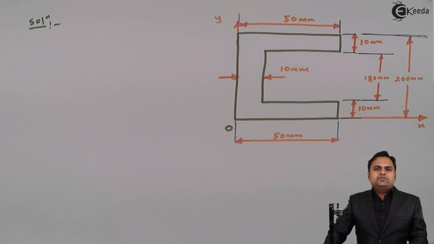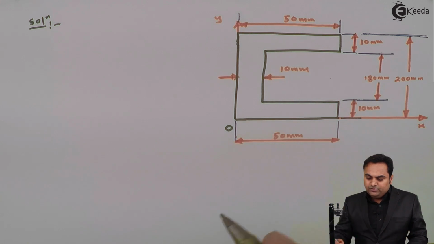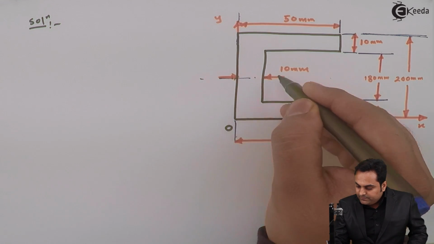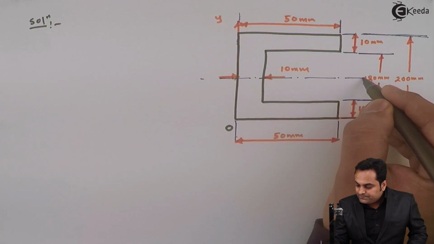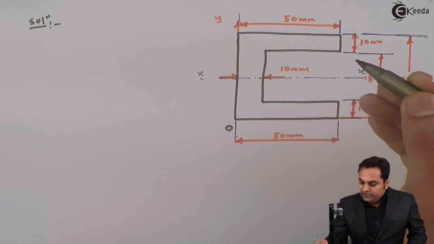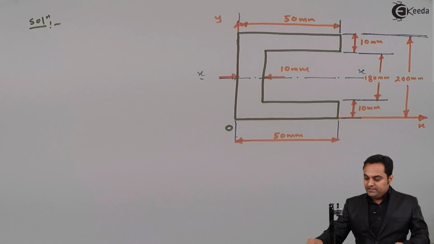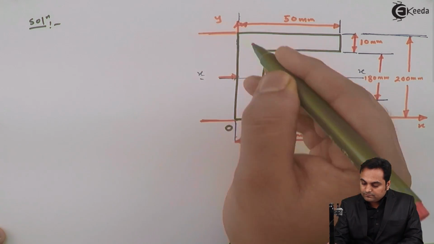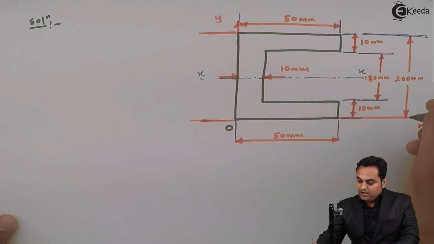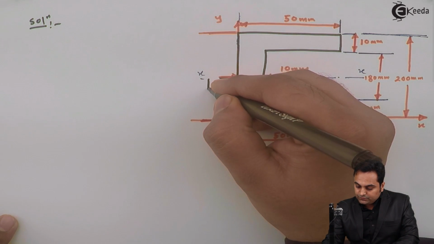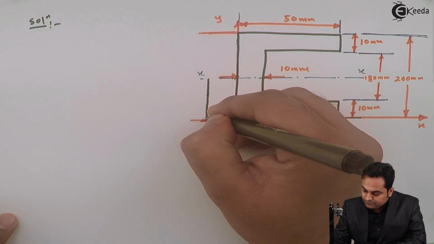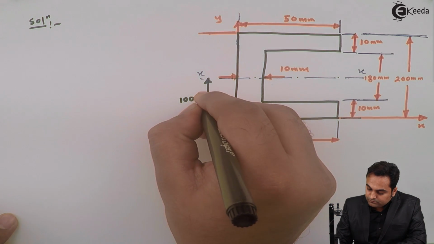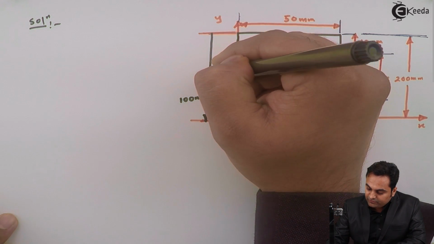So we need to know the location of the centroid, and as I look at this diagram, I can say that this C section is symmetric about the x-axis, and when it is symmetric about the x-axis, I know the location of this x-axis. This is half of 200, so this distance is 100 mm from bottom and even 100 mm from top.